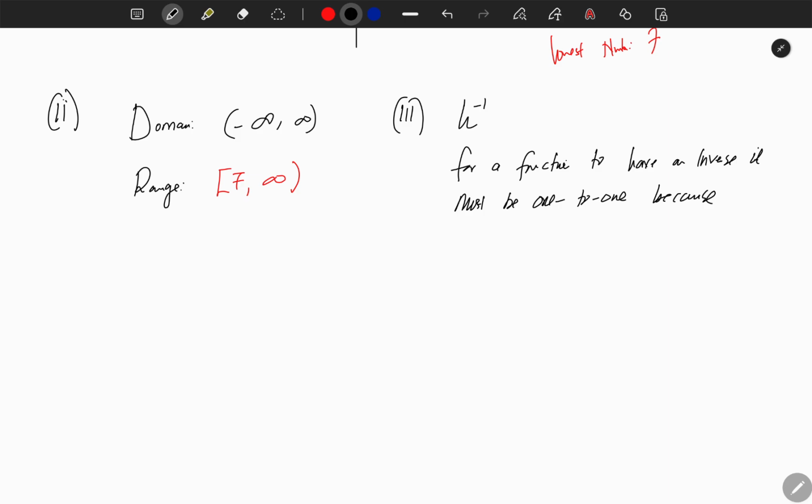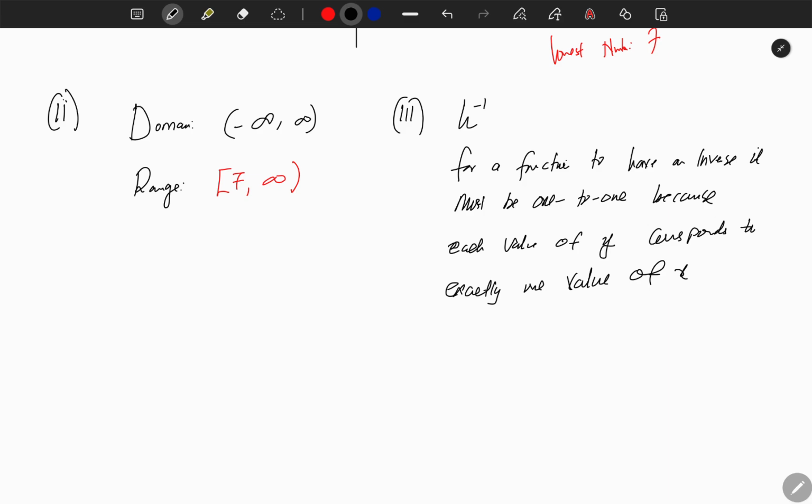Why do you think it should be 1 to 1? Because each value of y corresponds to exactly one value of x.